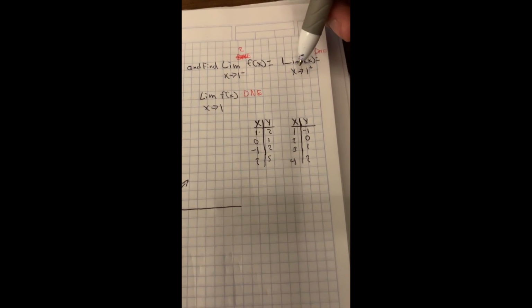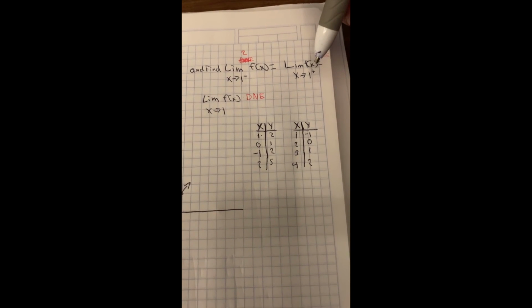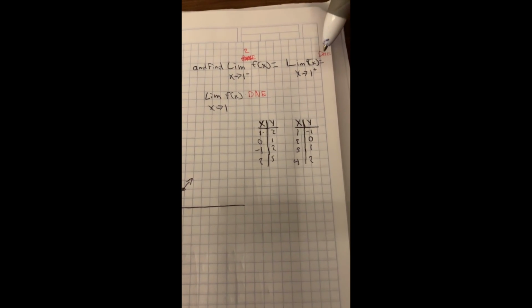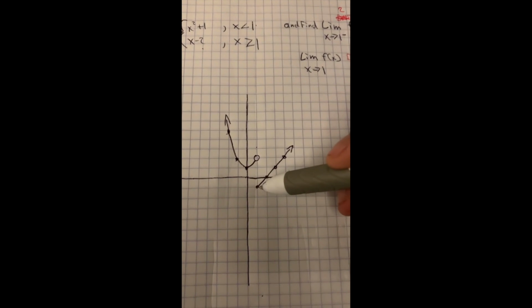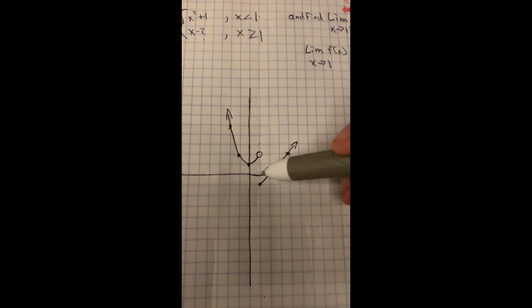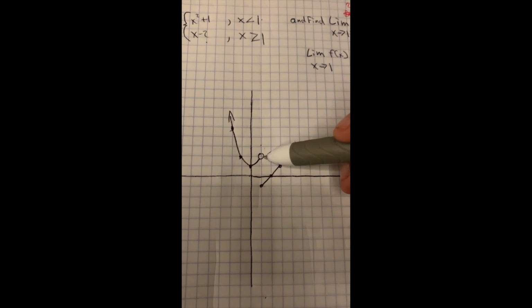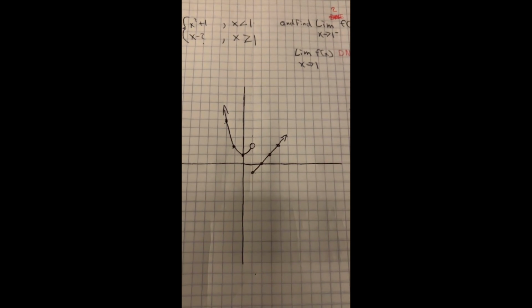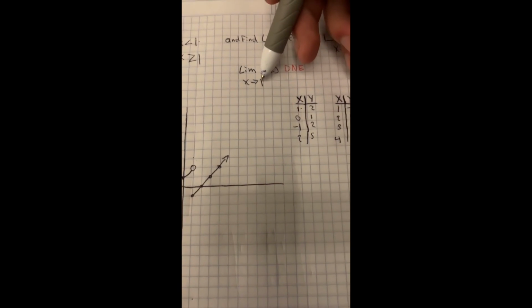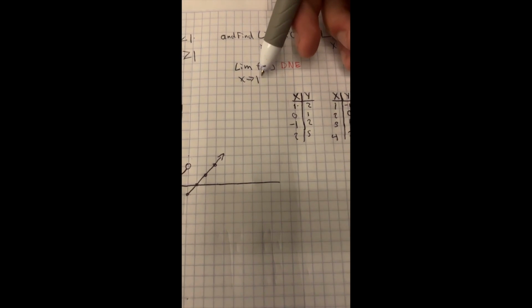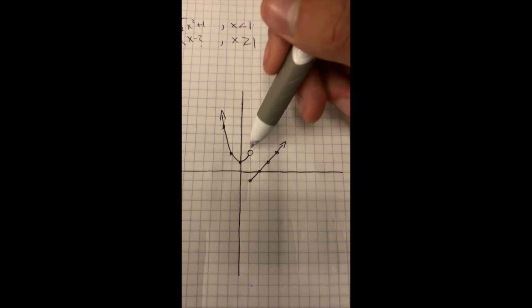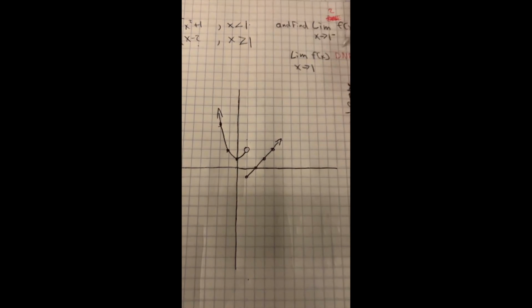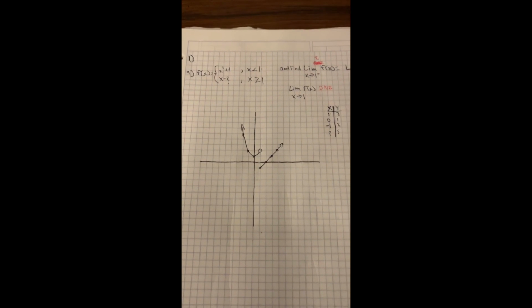When x approaches 1 on the positive side, it will be D and E, because on the positive side it goes way beyond and there's no point of intersection. And when x approaches 1, it's also D and E, because it goes right through the hole. And this is how you solve the piecewise function.